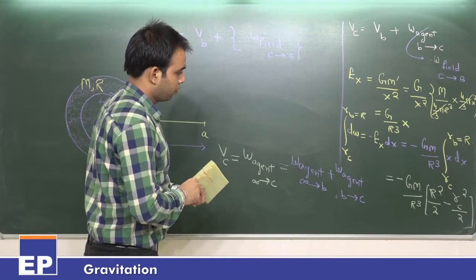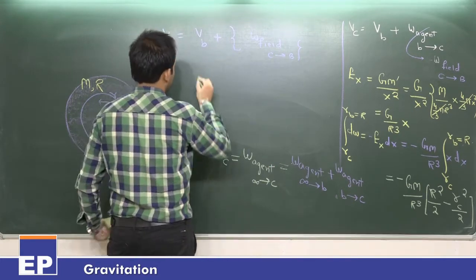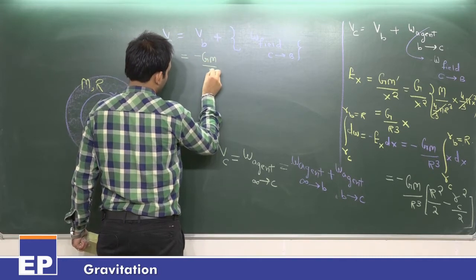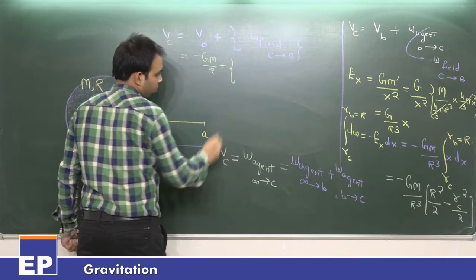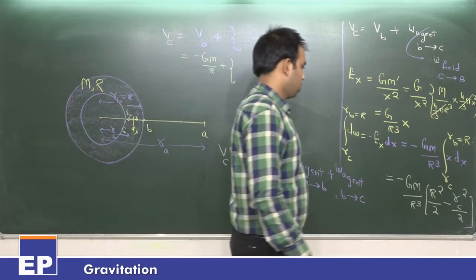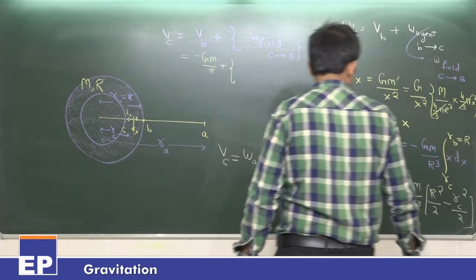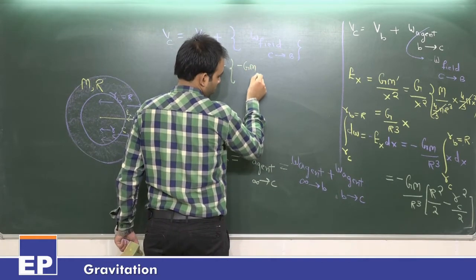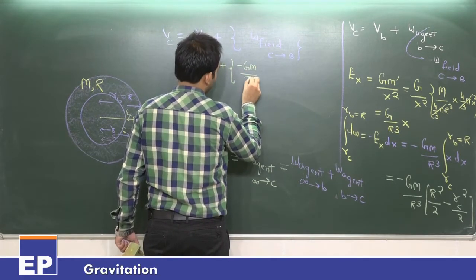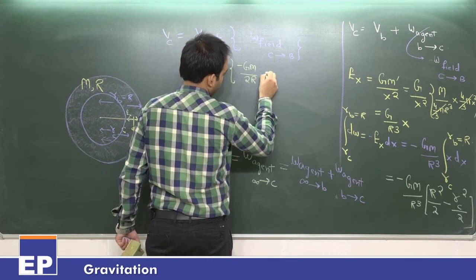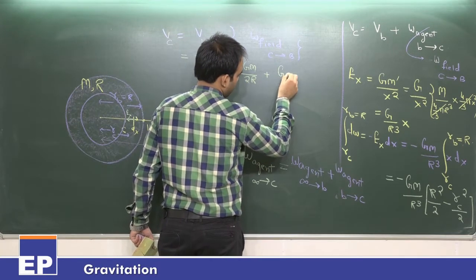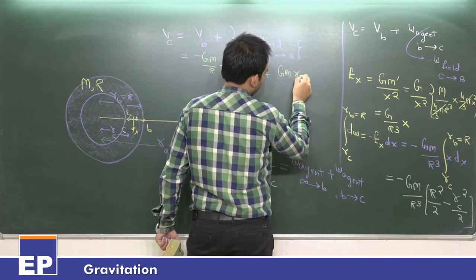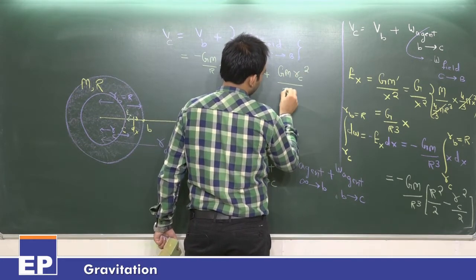So what is VB? Minus GM by R. If we multiply it and take this negative sign there, that will come out to be minus GM by 2R plus GM into RC square by 2R cube.